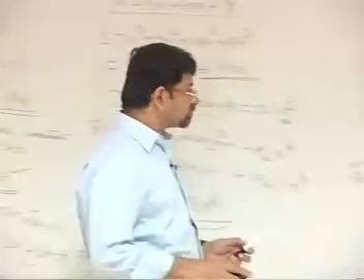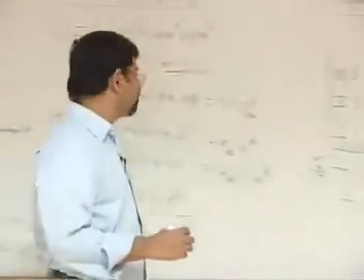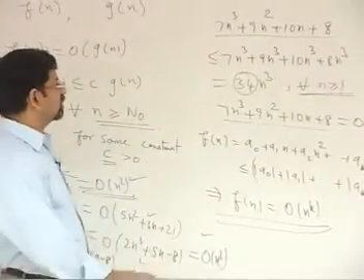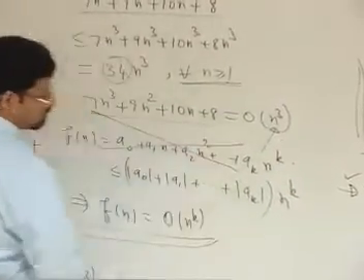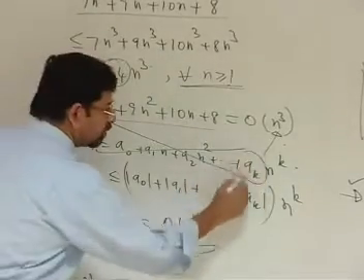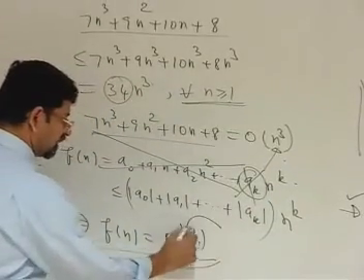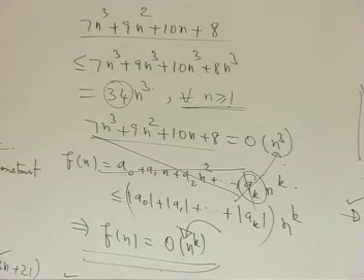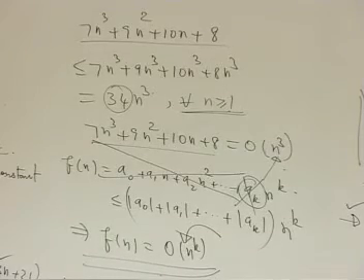So, in order to represent the nature of the upper bounds, from this observation you see that you can ignore all the lower order terms, you can ignore the constant, and you can express the function in this way, and that gives you a very simple way of expressing the upper bound.